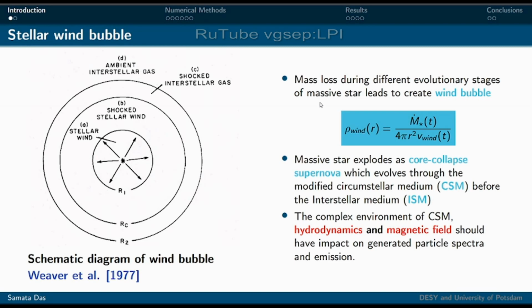When the massive star explodes as a supernova, the supernova remnant shock evolves through this modified circumstellar medium. Therefore, we can expect different particle acceleration and emission from the supernova remnant, which is different from a supernova remnant expanding inside a uniform environment, like for type Ia.